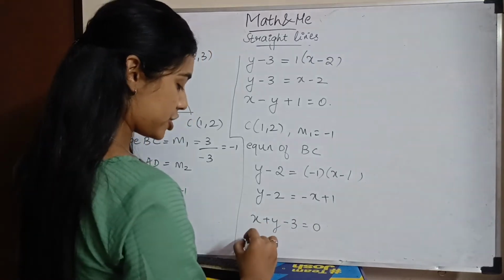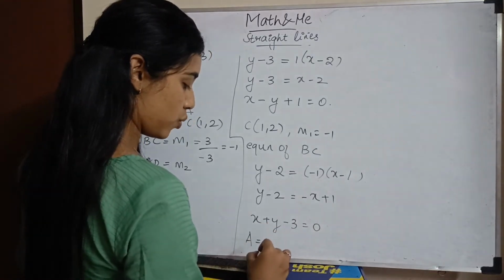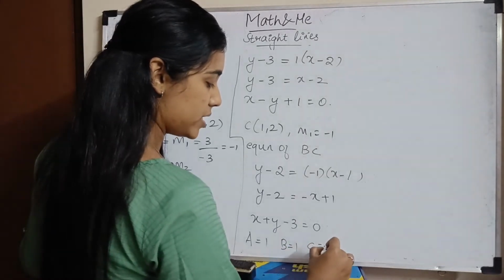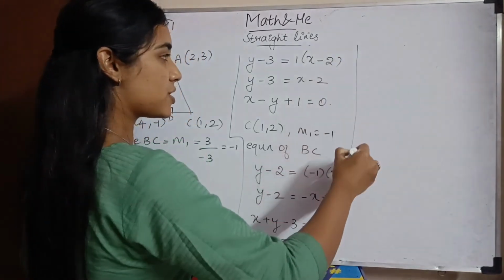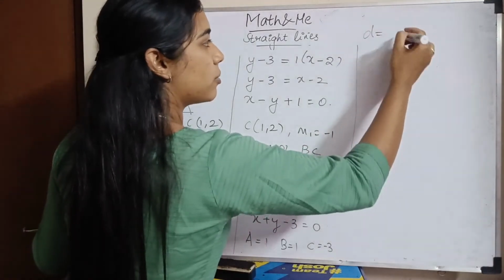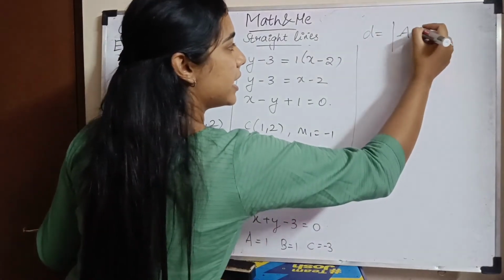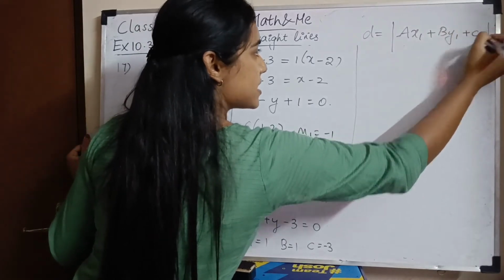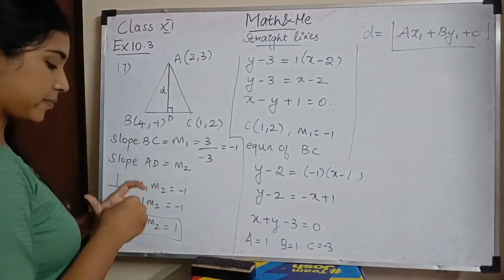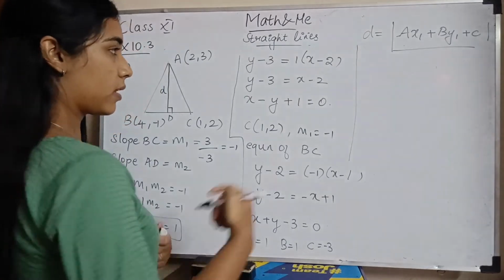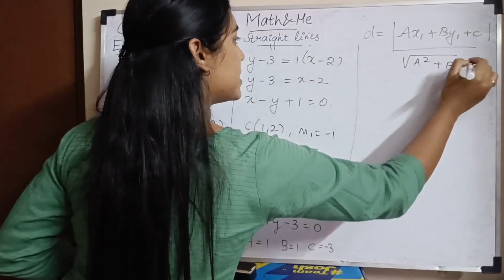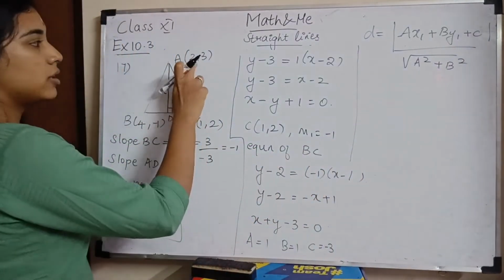So in this equation, my a value is 1, my b value is 1, my c value is minus 3. So using the distance formula, what is my distance formula? D equals the absolute value of ax1 plus by1 plus c, divided by the root of a square plus b square. What is my point? 2, 3.